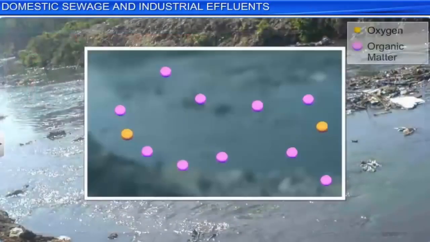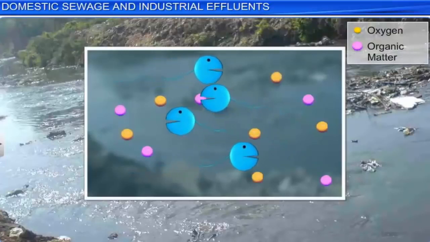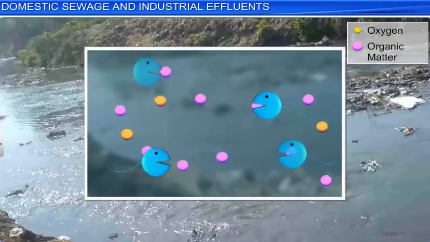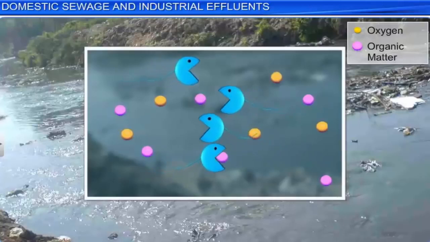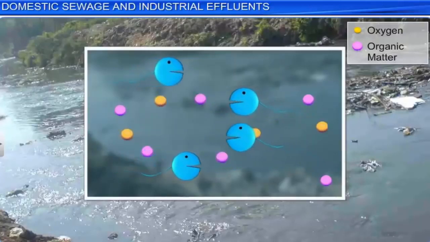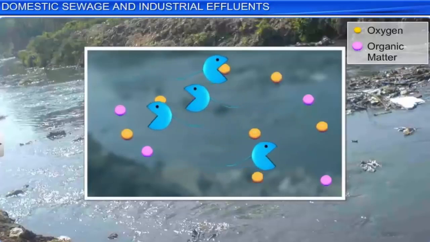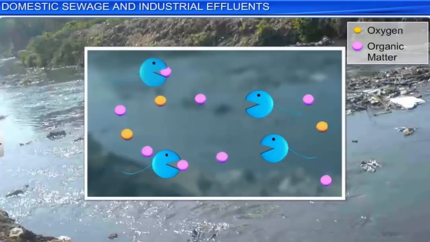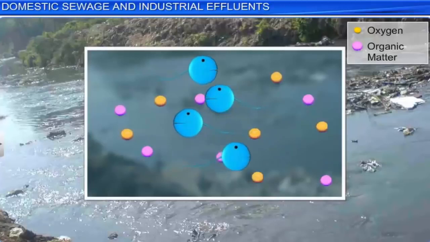These microorganisms decompose and treat the organic sewage matter by using it as a substrate to multiply. However, during this process of decomposition, microorganisms require a lot of oxygen, which is measured in terms of biochemical oxygen demand, or BOD.